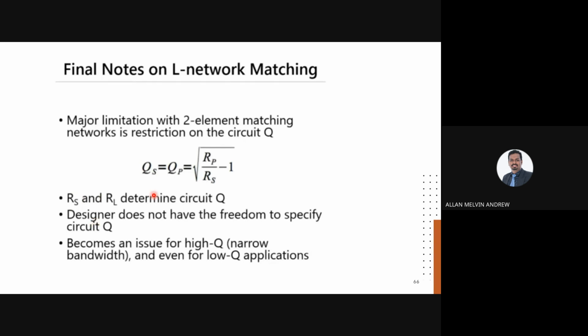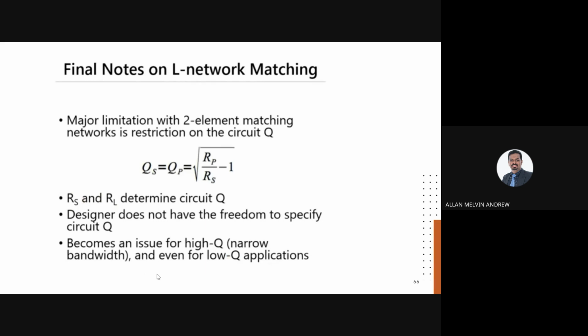But if the circuit is not supporting it, they cannot use the antenna. So it becomes an issue for high quality applications using narrow bandwidth, or even for low quality applications. Low quality here means in terms of the quality of the transmission.